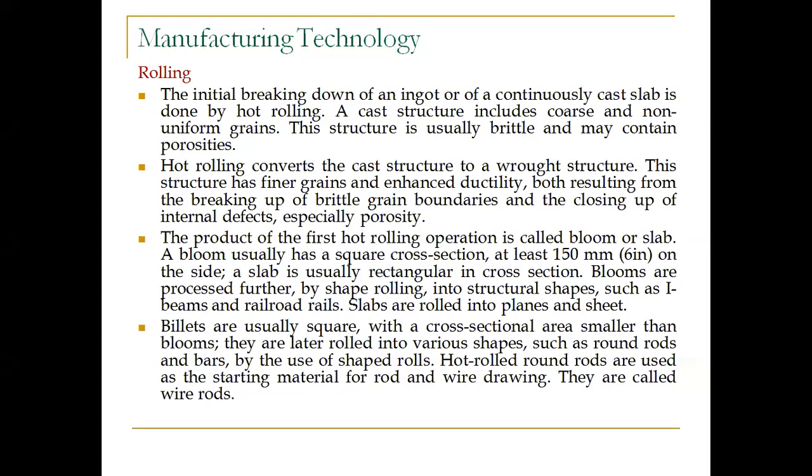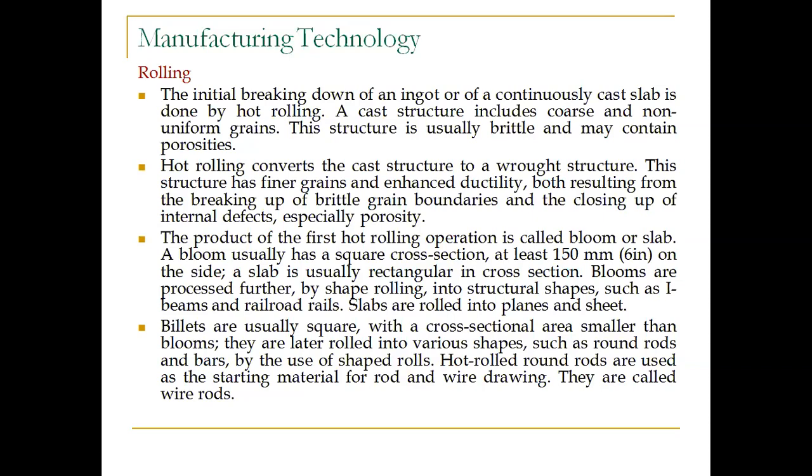So hot rolling converts the cast structure to a wrought structure. This structure has finer grains and enhanced ductility, both resulting from the breaking up of brittle grain boundaries and the closing up of internal defects, especially porosity.